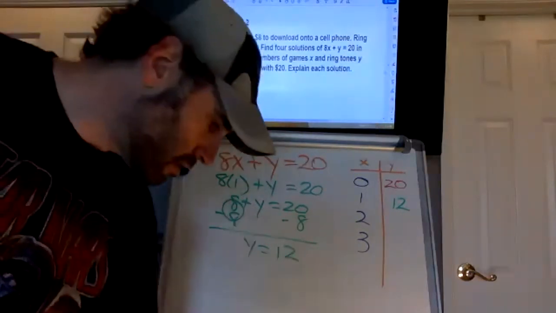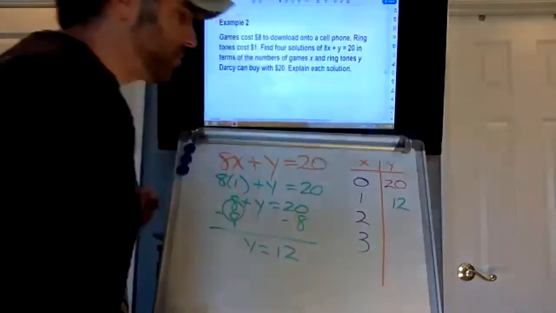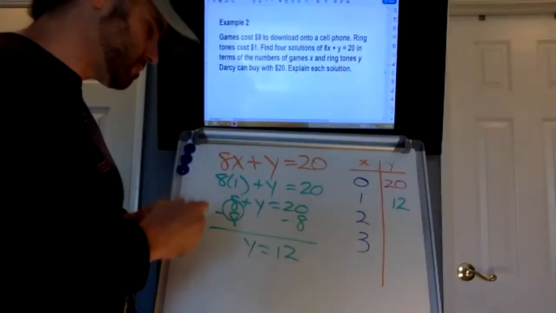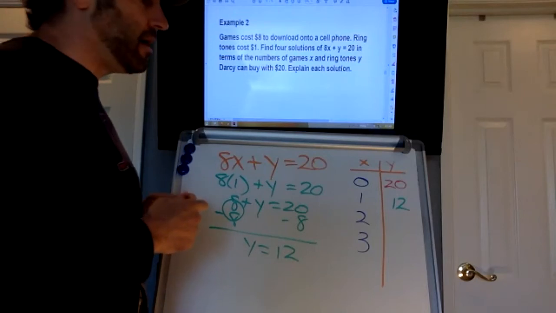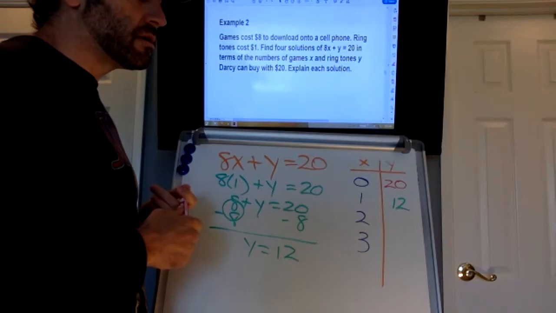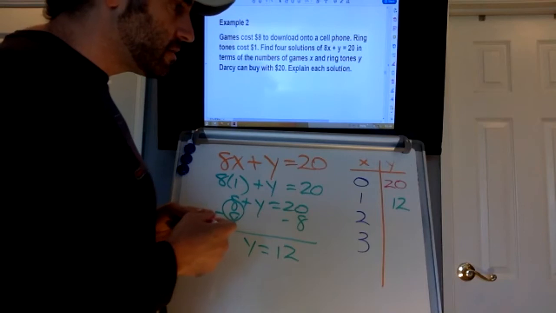Now you know the slope. By the way, what is the slope here? What is M, the slope? 8. Change in what over change in what? Change in X over change in Y. Nice try.